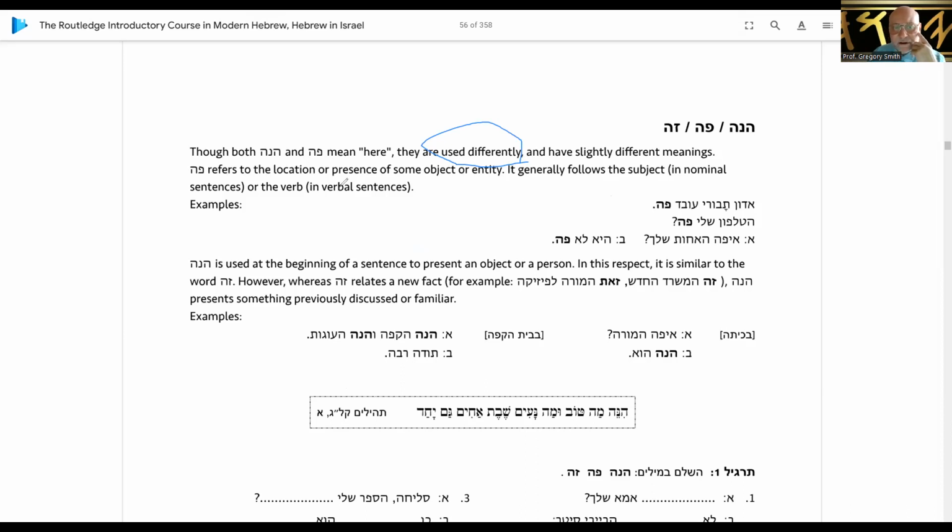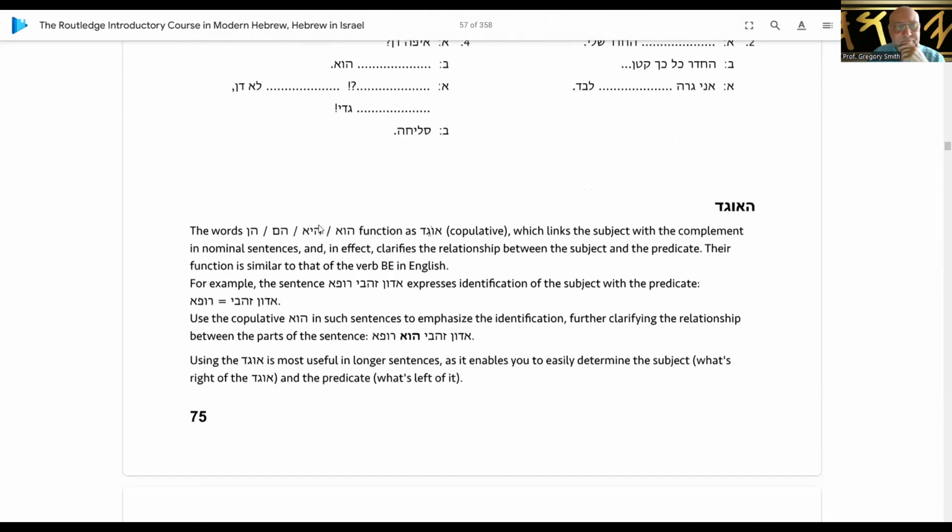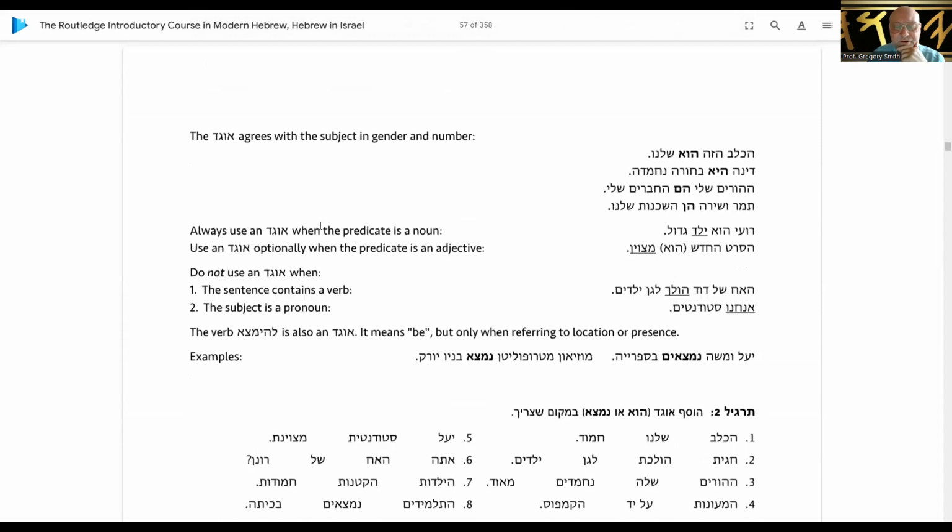You have to use a specific word for a specific circumstance. That makes Hebrew a little more difficult to learn, admittedly. And just remember that in the noun pairs, there's always an agreement in subject, in gender and number.